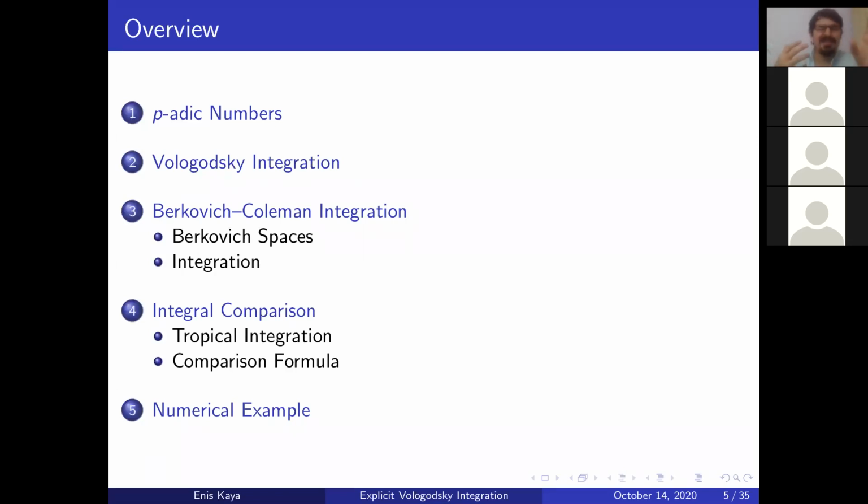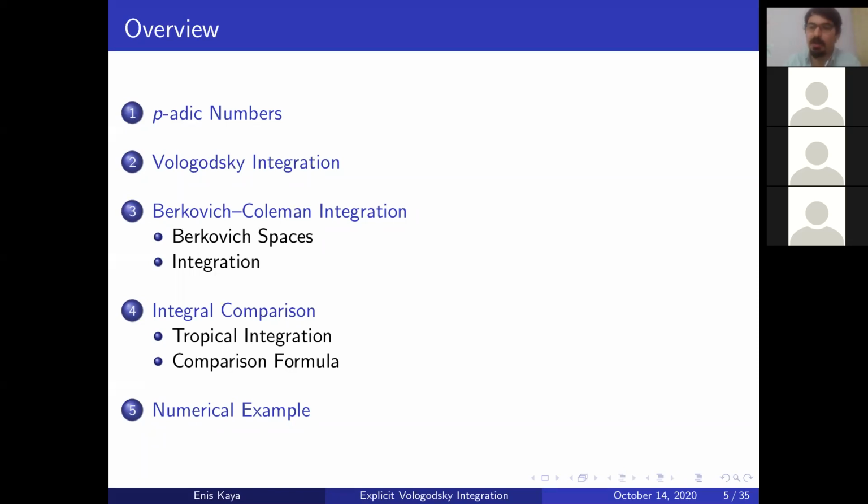In section 3, there are two parts. First, I'm going to say something about Berkovich spaces. These are certain non-Archimedean topological spaces. These spaces are important for us because Berkovich-Coleman integration is defined on such spaces. In the second part, I'm going to say something about integration. In sections 2 and 3, I'll be more general, but in section 4, we will only consider curves.